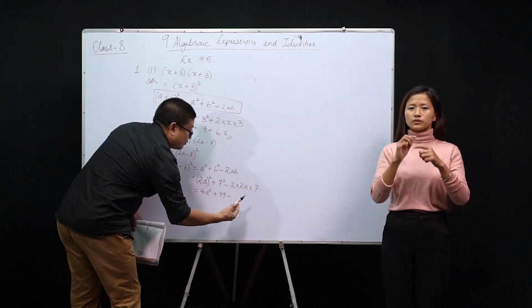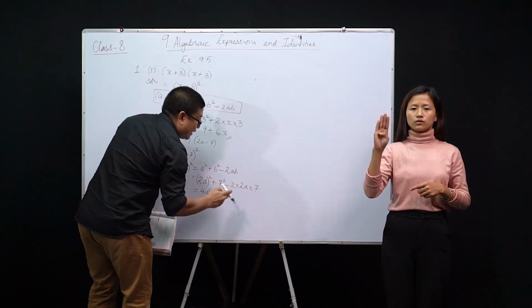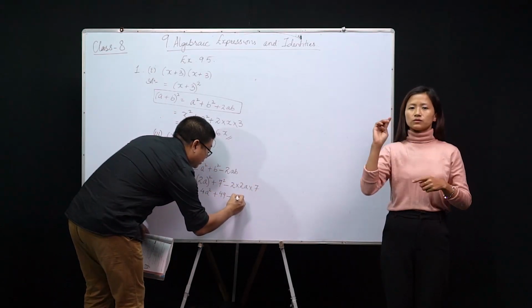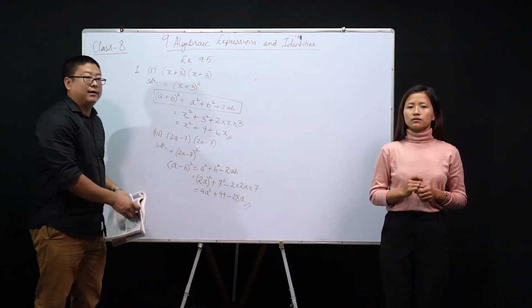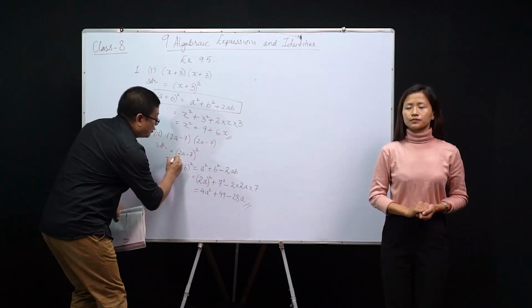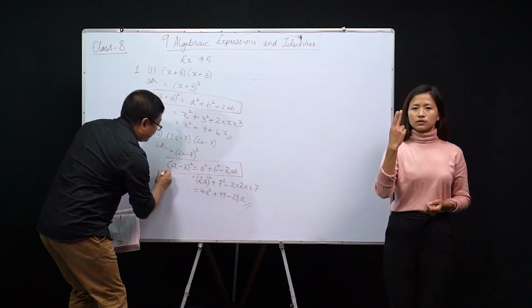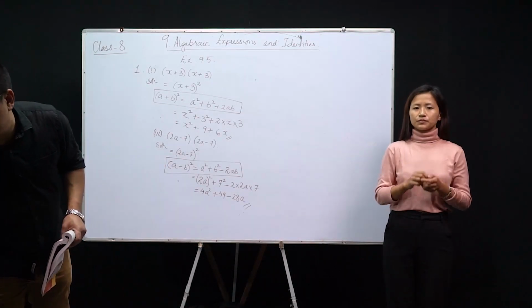So multiply the numbers first. 2 into 2 is 4. 4 into 7 is 28. And a. So this is your final answer. Here also we have used the second expression. So similarly, let's look at the next question.